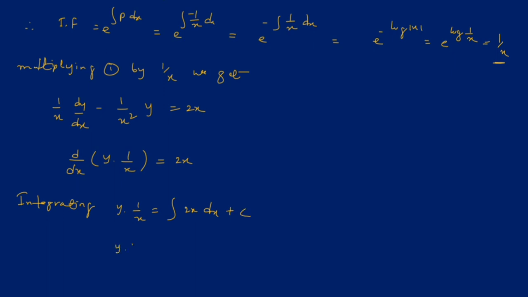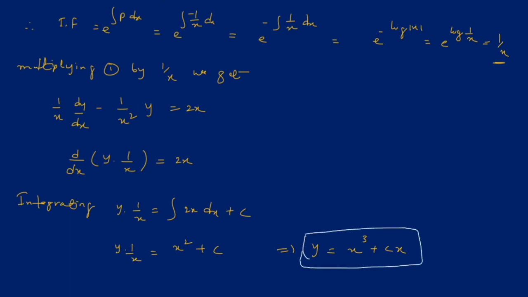Therefore y into 1 upon x equals x square, since x square by 2 and the 2 cancel, plus c. Therefore y equals x cube plus cx, which is nothing but our required solution.